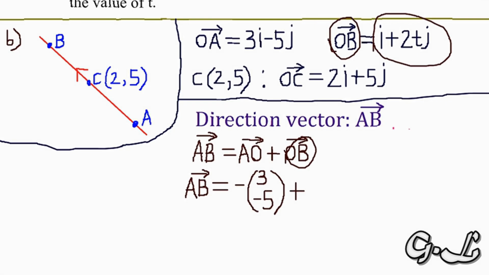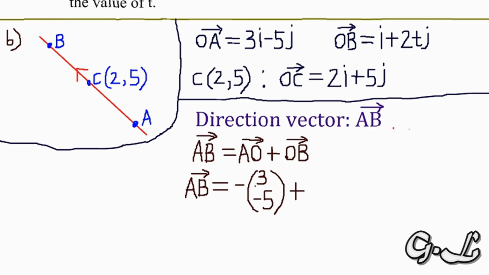What about OB? OB, we have just as it is. We have the direction vector OB just as it is, even in the statement. So there's no need of us taking the negative or adding a minus, simply because it is just as it is.